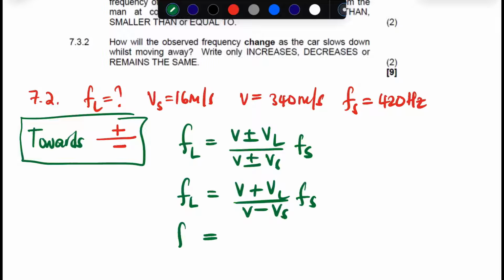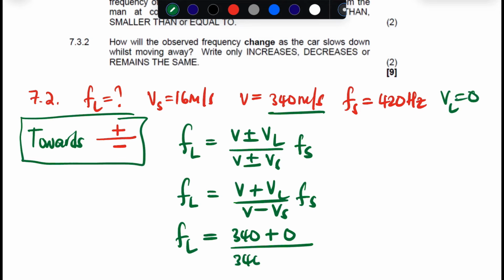Right, let's substitute now. We want the frequency of the listener. We were given the speed of the sound in the air, 340. It's going to be plus the velocity of the listener. The velocity of the listener was 0. And then the same velocity, 340 there, and minus the velocity of the source, which is 16.